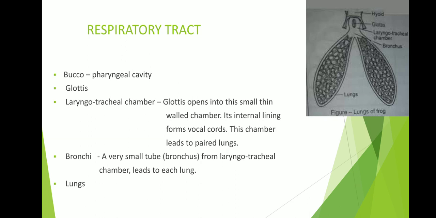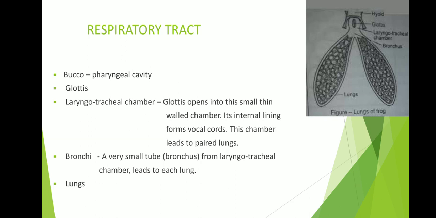Usually special muscles can change the tension of these vocal cords, and these muscles help to change the pitch of the sound. Usually vocal sacs are found only in the male frogs to amplify this croaking sound.